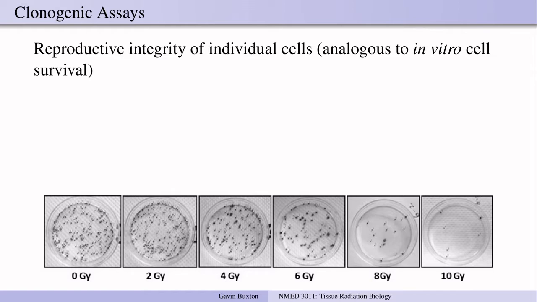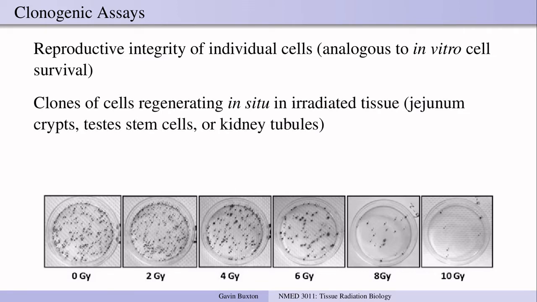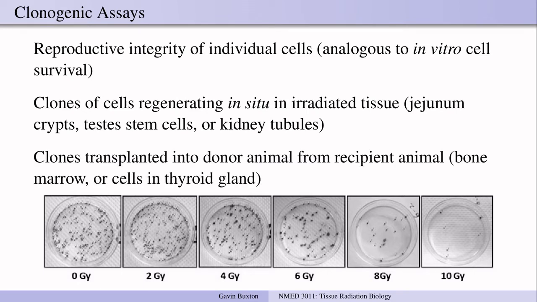So the assay essentially tests every cell in the population for its ability to undergo unlimited division, right? To keep on growing. And clonogenic assay is sort of the method of choice to determine cell reproductive death after treatment with ionizing radiation.